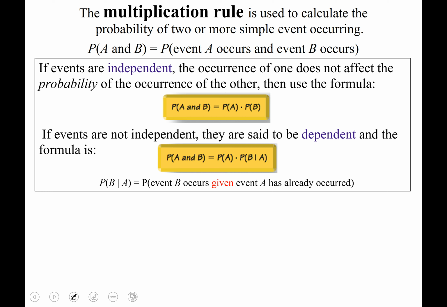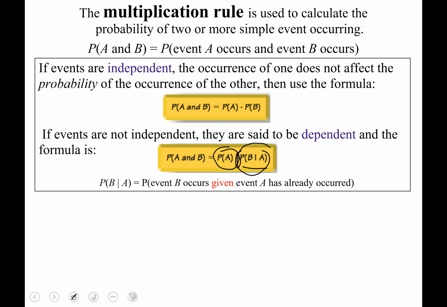If your events do have an overlap, or the probability of one event occurring is affected by the other one occurring, then we have to change our formula a little bit. It starts out the same, probability of event A, multiply, but then this is where the difference takes place. This right here is red.